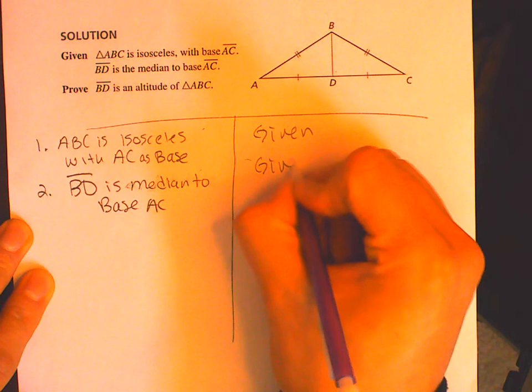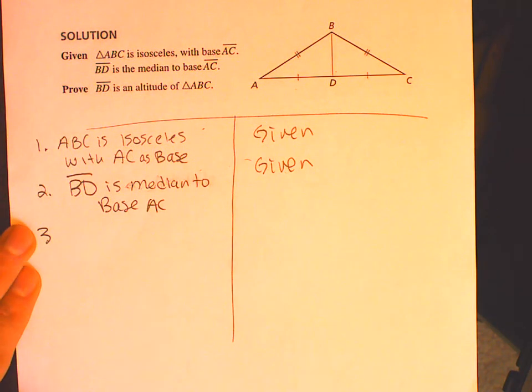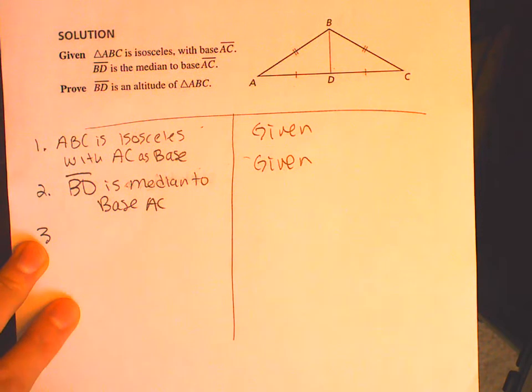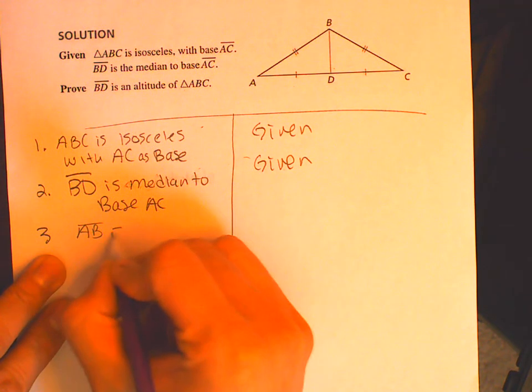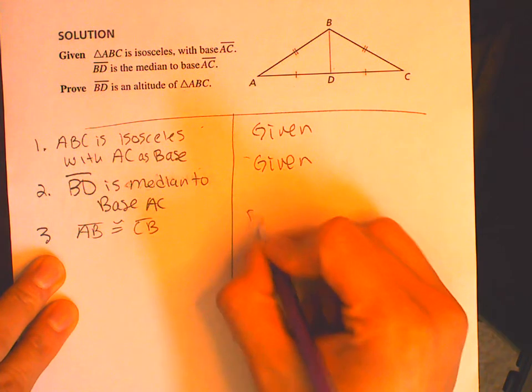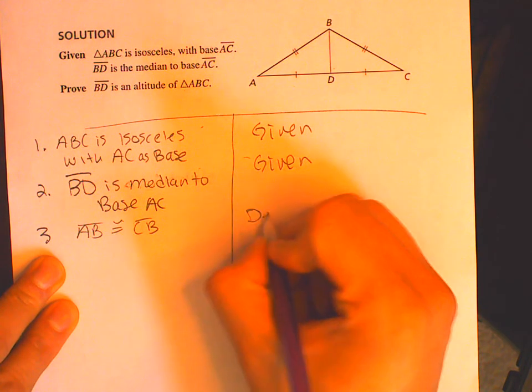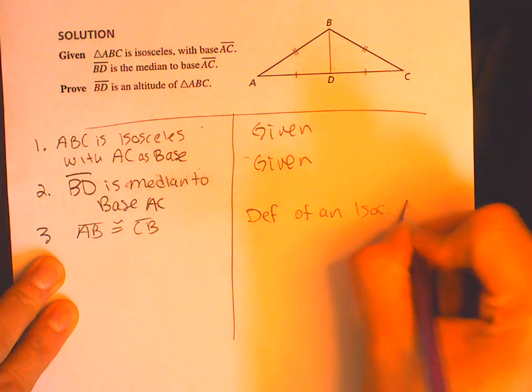That's given. Let's expand on this. Because this is isosceles, you have AB congruent to CB. Why? Because of the definition of an isosceles triangle.